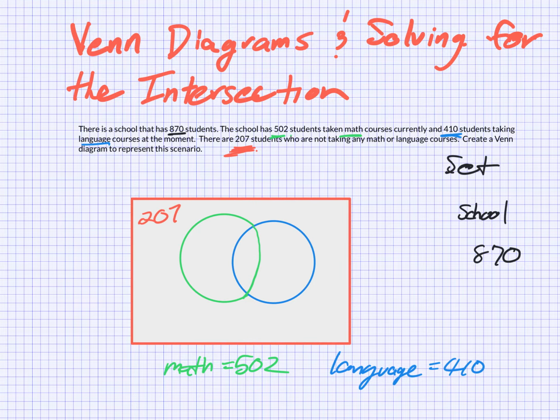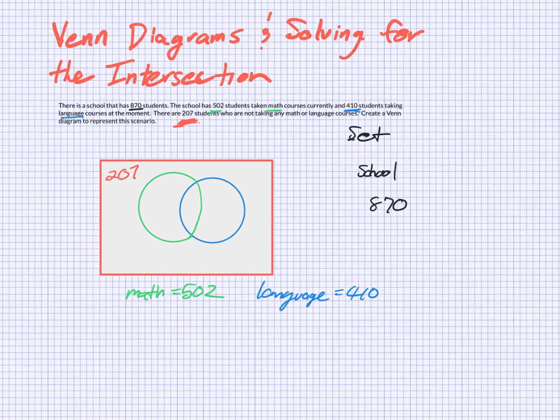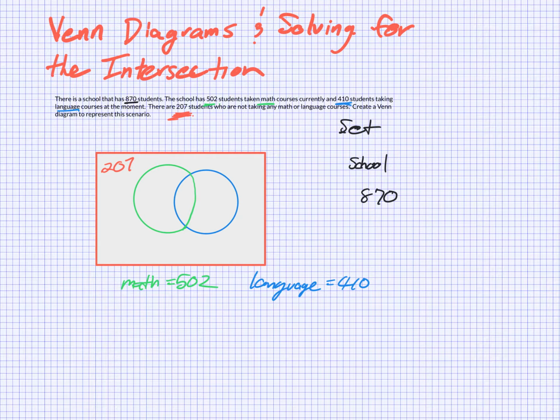So we're going to try setting up a bit of an equation. We're going to say that school, we'll use the variable S here. So the school, which is all of the students, is equal to math, all the students taking math, plus all of the students taking language, but that has to subtract all of the students who are taking math and language.